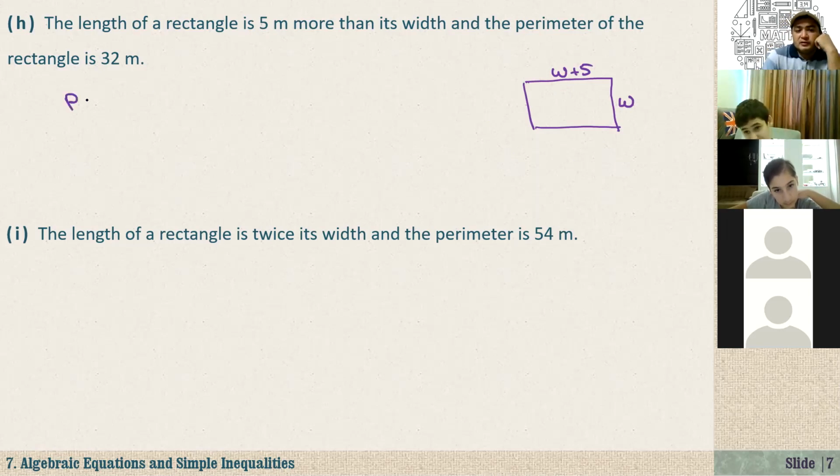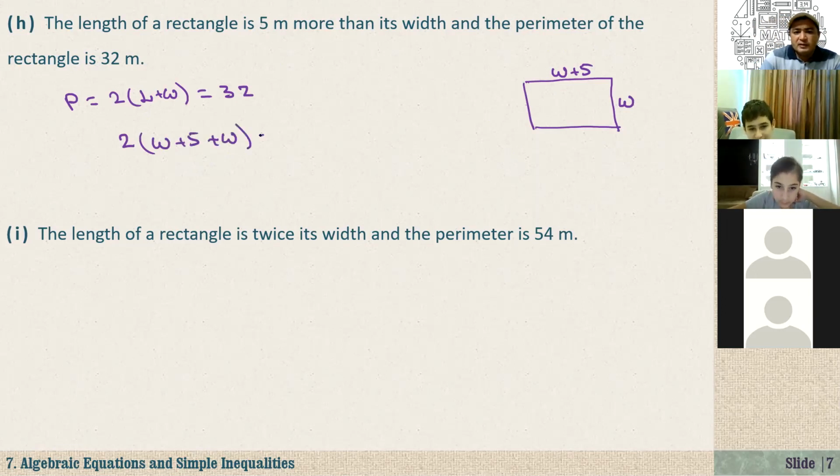So what is the perimeter? Perimeter is 2 times length plus width, right? That's equal to 32. Now we can write everything in terms of one variable. That is 2 times length, and length is W plus 5, plus W, is equal to 32. I can write 32 as 2 times 16. The 2s cancel out each other.